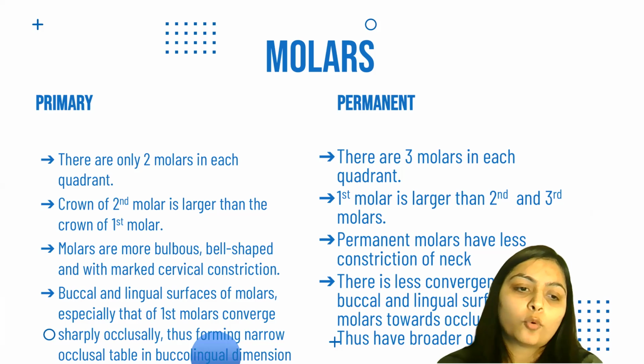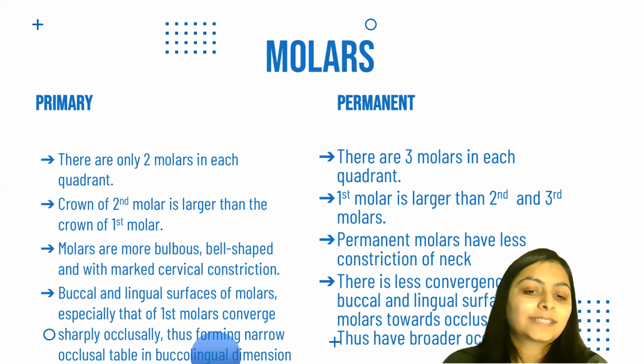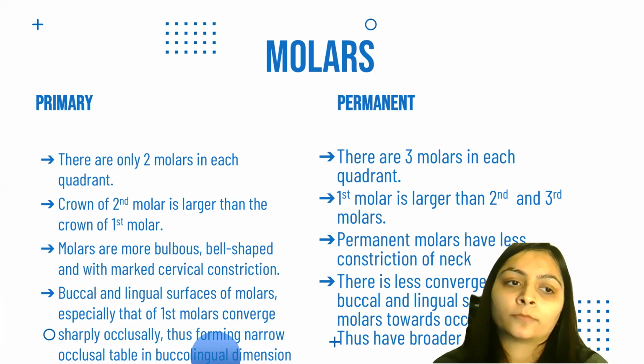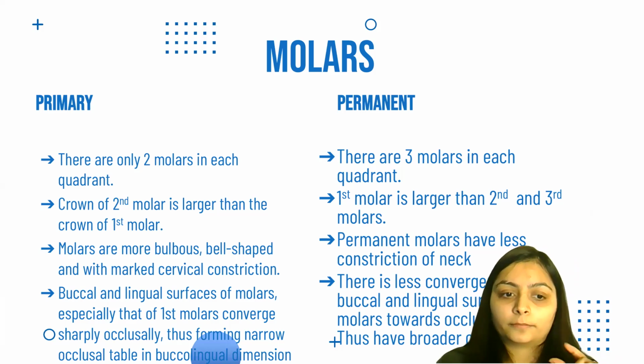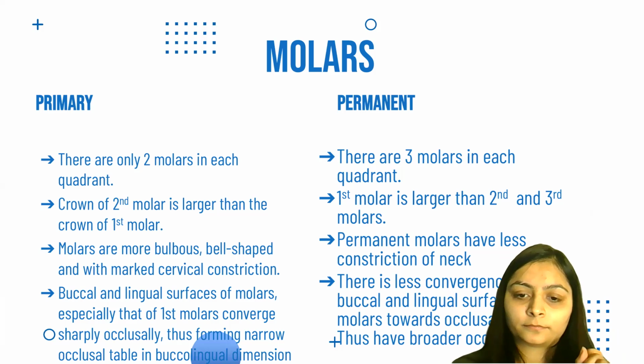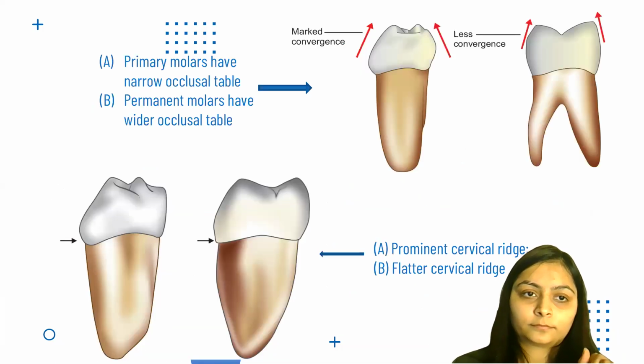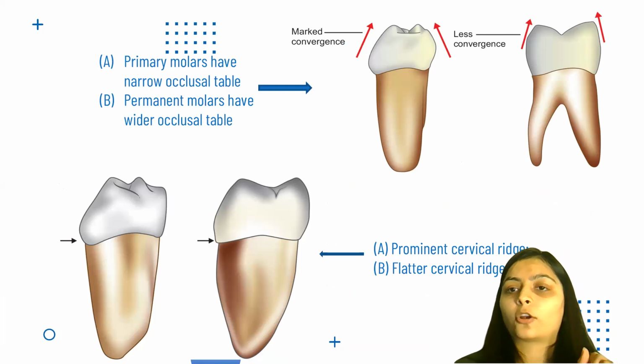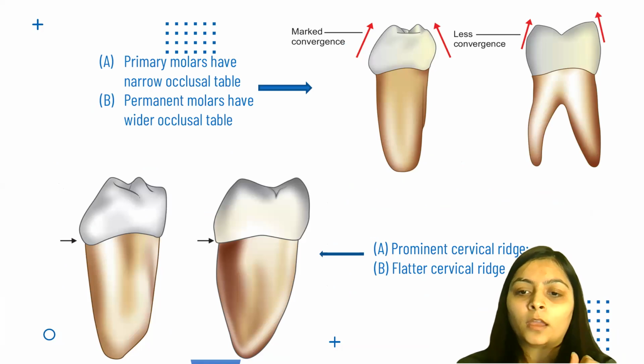Buccal and lingual surfaces of molars, especially the first molar, converge sharply occlusally, thus forming a narrow occlusal table buccolingually. Primary molars have a narrow occlusal table due to marked convergence, and permanent molars have a wider occlusal table due to less convergence. You can appreciate here.